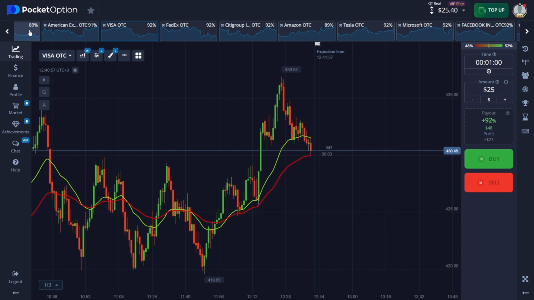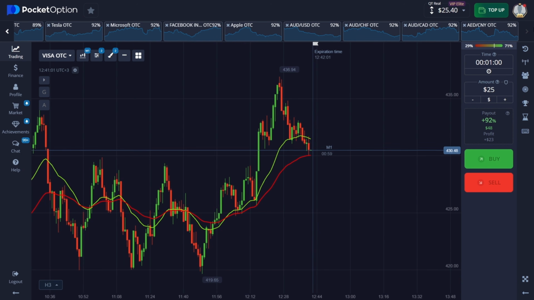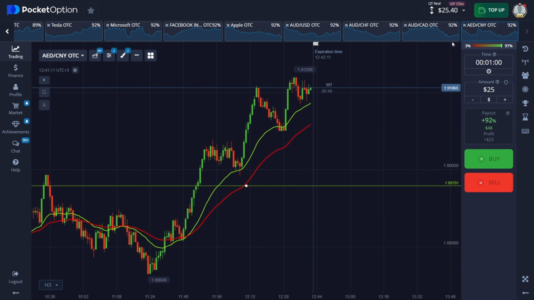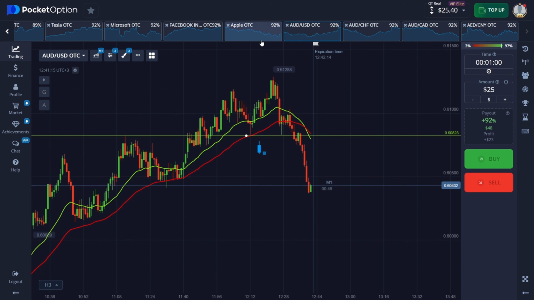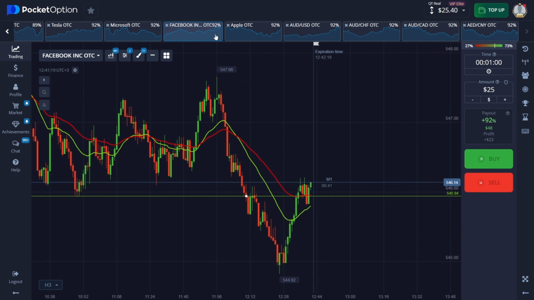Visa looked like a potential trade for an upward move because there was a support level, but we will avoid it because the candle might break the moving average. Therefore, we won't take a trade on Facebook.